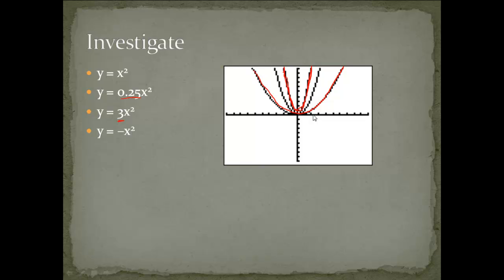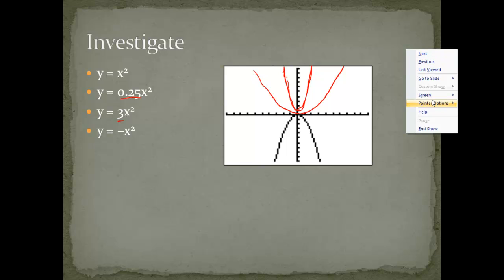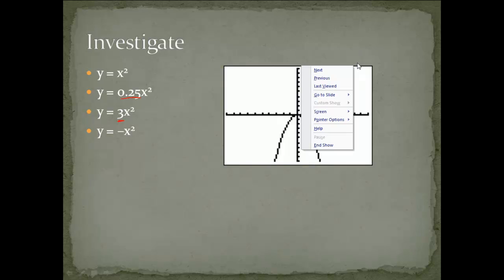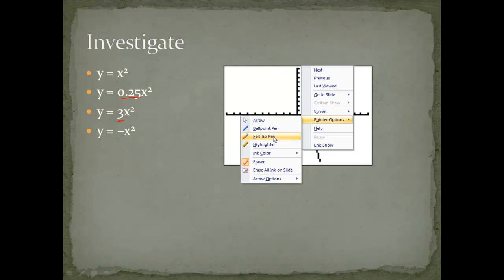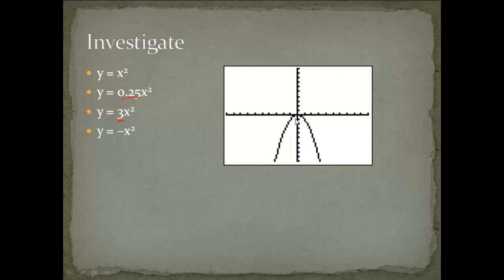Okay, we're going to switch gears a little bit. We're going to look at what happens when I put a negative in front of there. So I've graphed negative x squared, and as you can see, the parabola has jumped down here. Now we're going to look at what happens when I put a negative 2 in front of there.